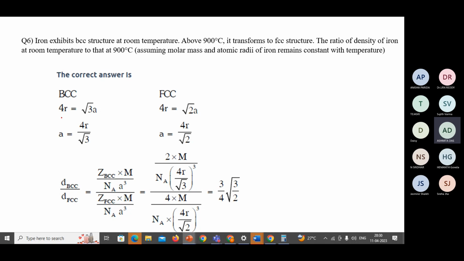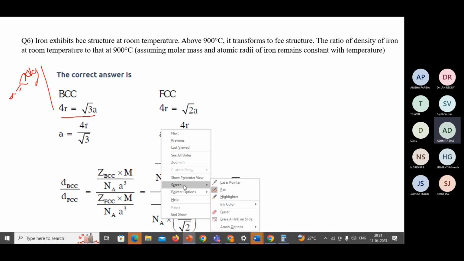This is the relation which defines the atom radius and edge length. Here a is the edge length. Okay, so I better go for this one.